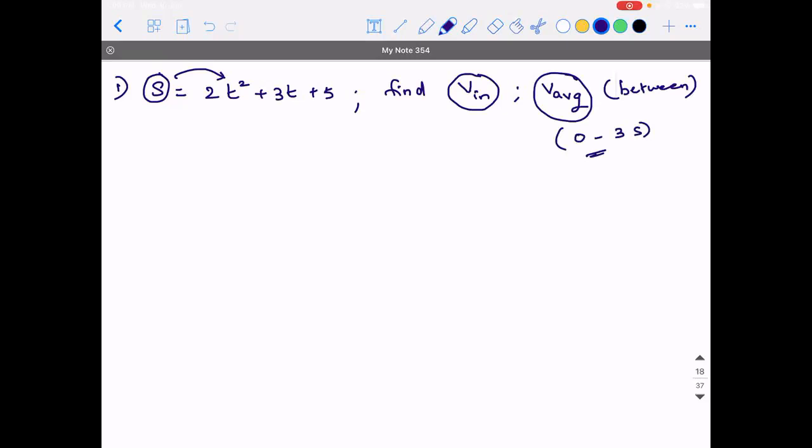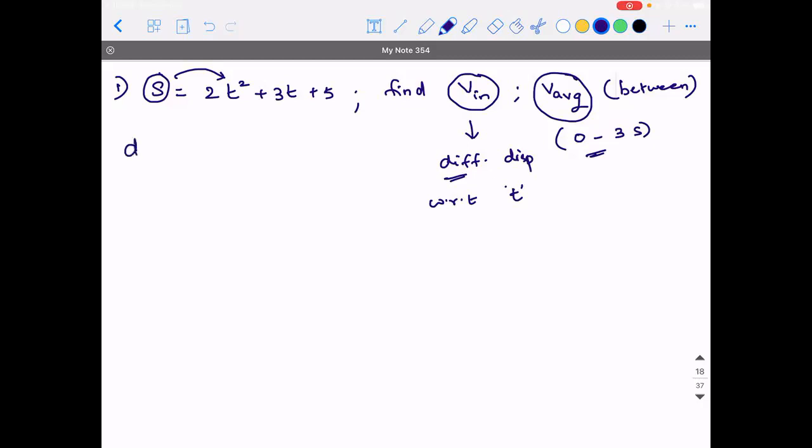Now, for finding the instantaneous value, this is what you need to do. You need to differentiate displacement with respect to time. So S is equal to 2t square plus 3t plus 5.